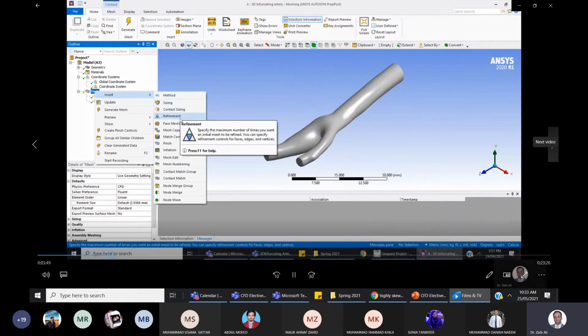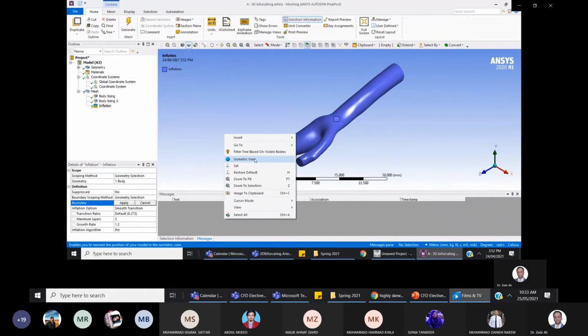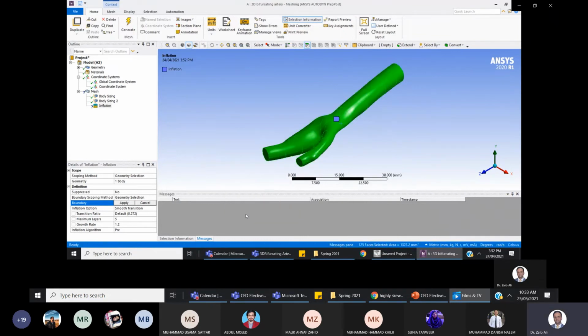So next, we are creating a hybrid mesh. So we are prescribing an inflation layer. For the inflation layer, we need to tell it all the walls. So what will be the boundaries? You need to select all faces, including inlet faces and outlet faces.